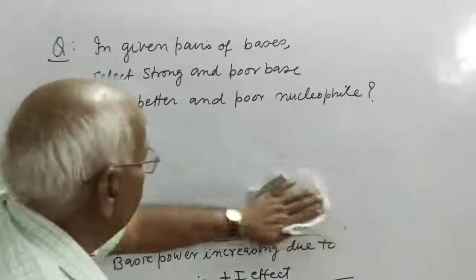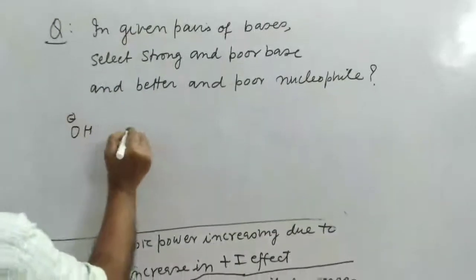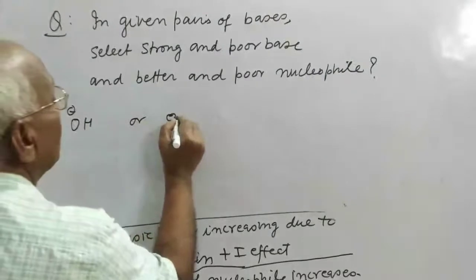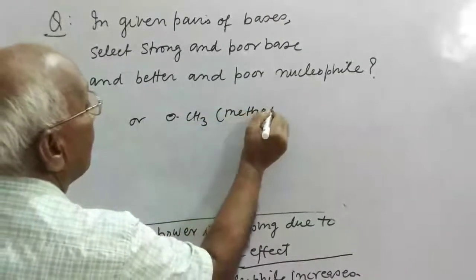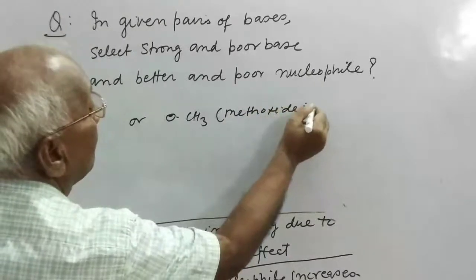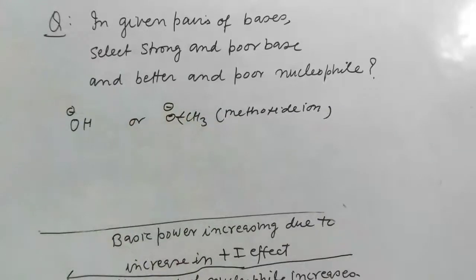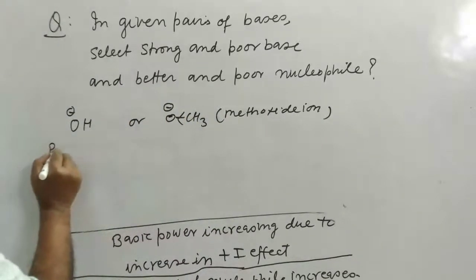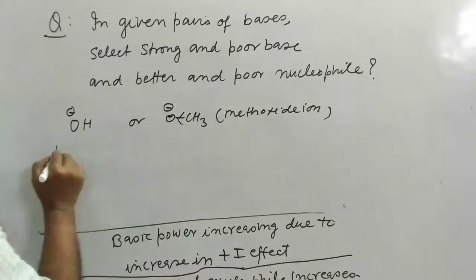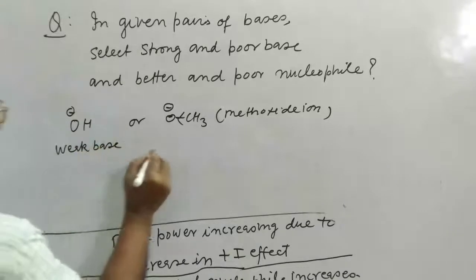I start with beginners, hydroxide ion or methoxide ion. This is methoxide ion. This has got plus I effect. So this is poor base or weak base. This is strong base.